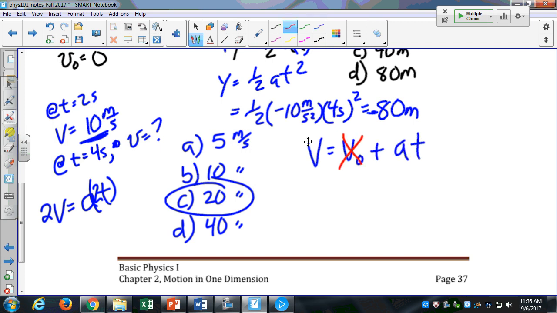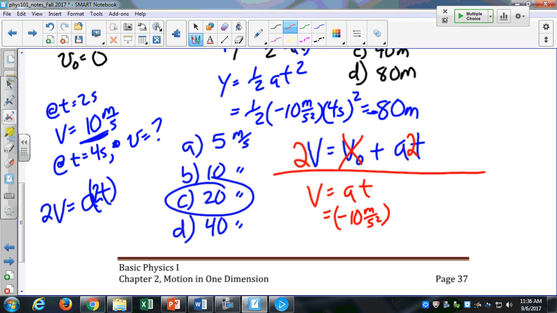V naught is 0, it just goes away. So I just have v equals a times t. If I double my time, I double my speed. And we can calculate that. We can say, well, v is equal to at. That's minus 10 meters per second squared. And then I put in my time, which is 4 seconds.